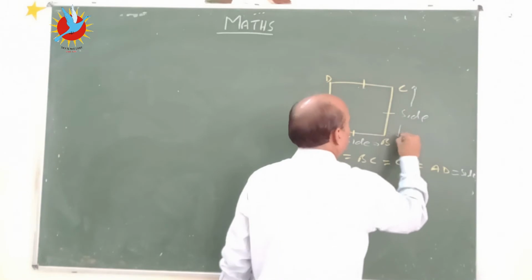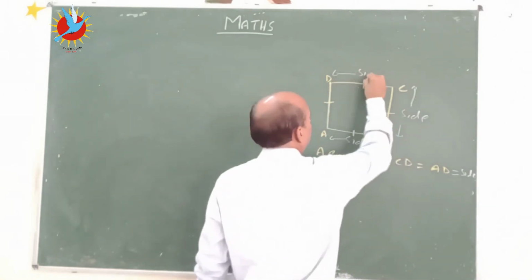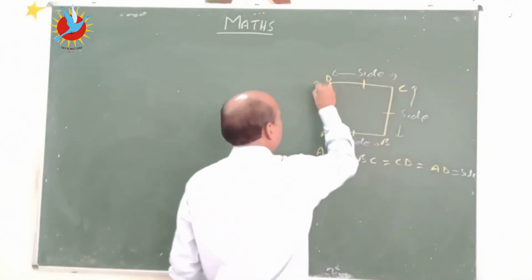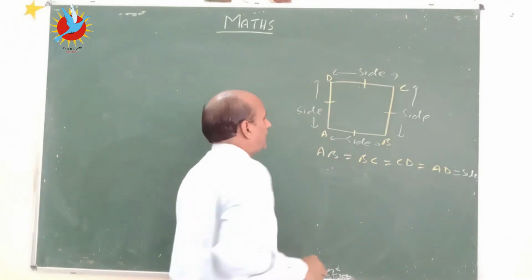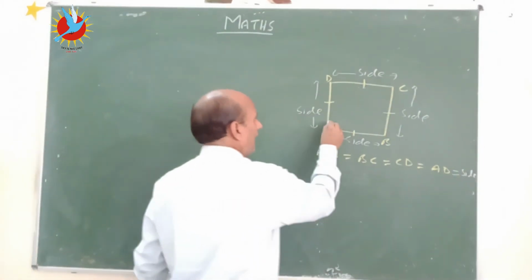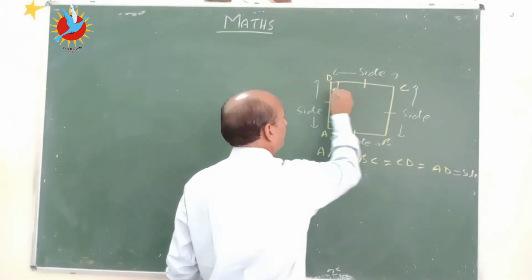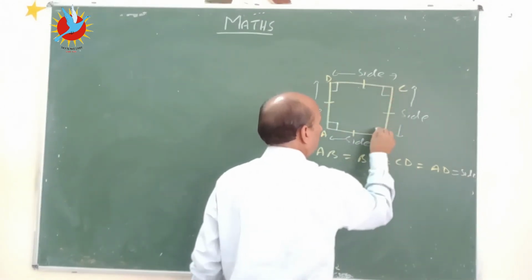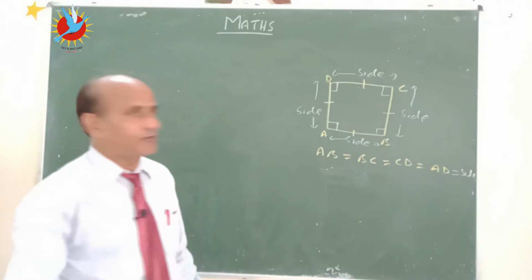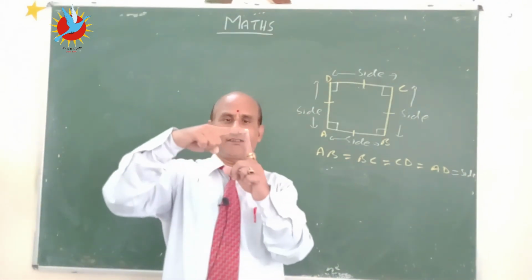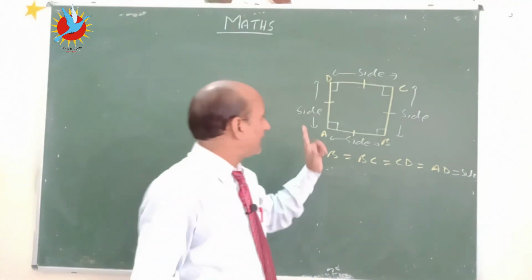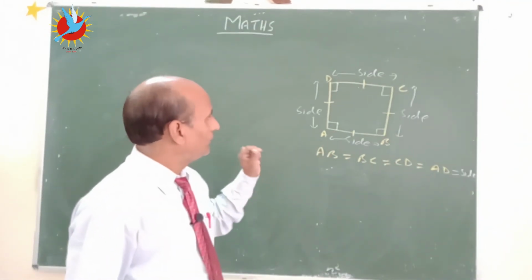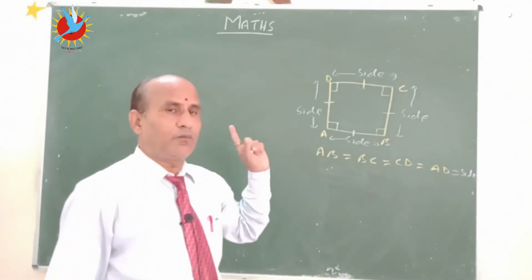They all are equal. And here the angles are also 90 degrees. Each angle is 90 degrees. It means the sides are perpendicular to each other, and they make 90 degrees. Now first we will take the first property.